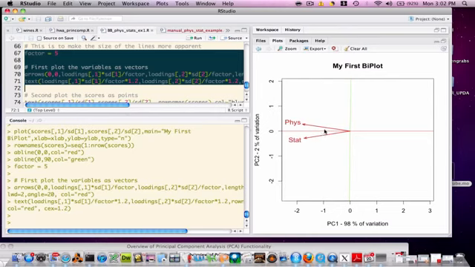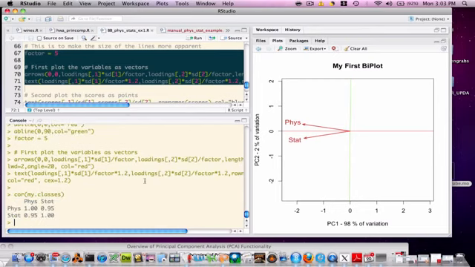Now you may wonder if there's a relationship or if there's a meaning behind the direction and magnitude of these vectors, and the answer is that there most certainly is. In particular, the angle between these two vectors, the cosine of the angle, matches the correlation between these two variables. So if we look at a correlation value in the original data, we'll see that it's 0.95.